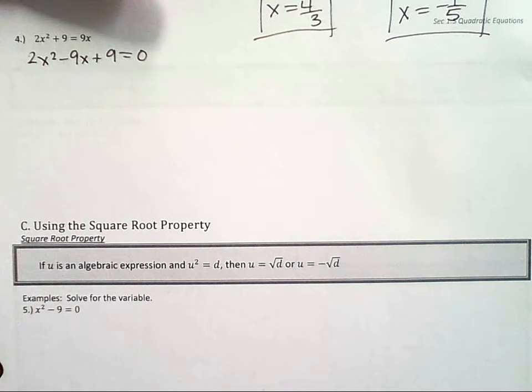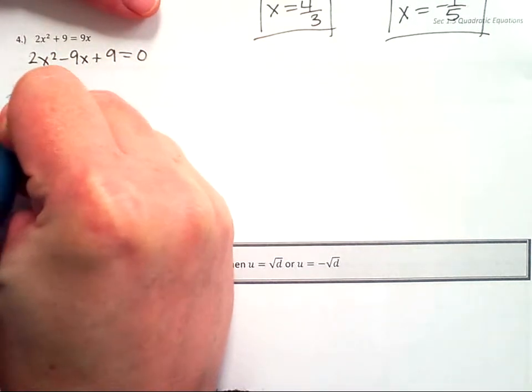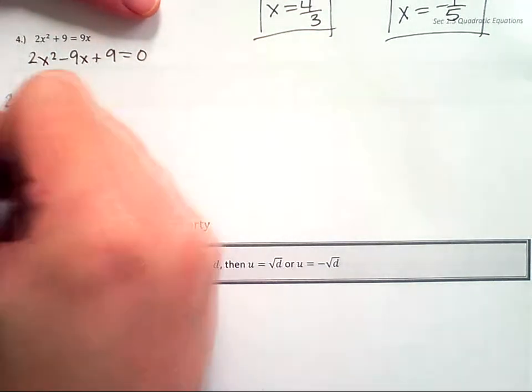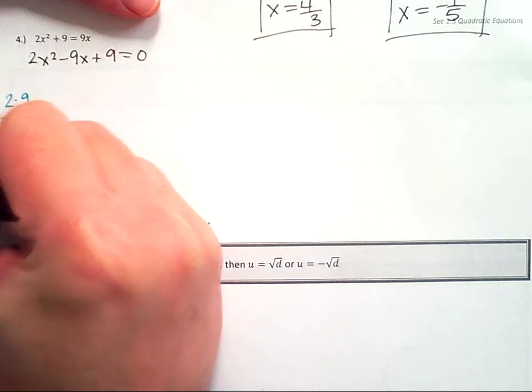So what do I have? 2 times 9, which equals 18.